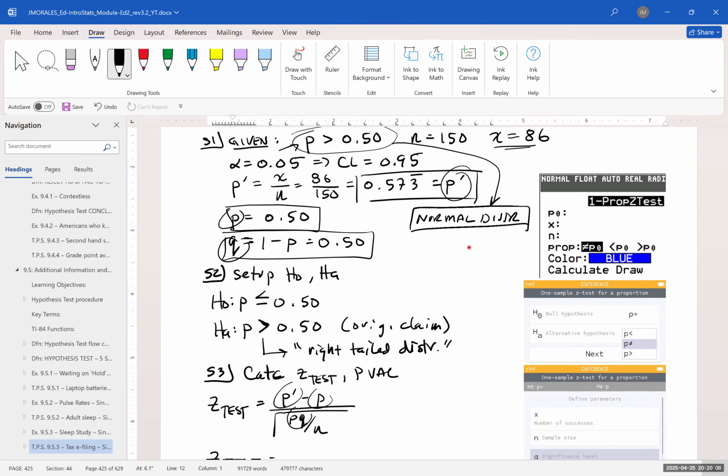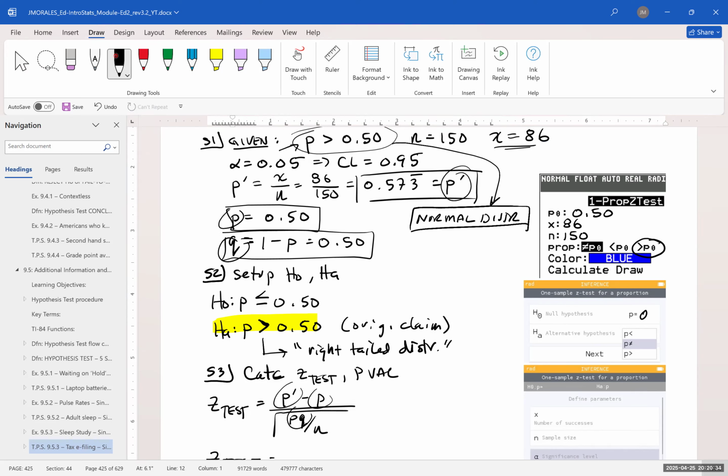So here our proportion value that we're using for our hypothesis test is 0.5. We have 86 successes out of a total of 150. And our alternate hypothesis is p greater than 0.5.